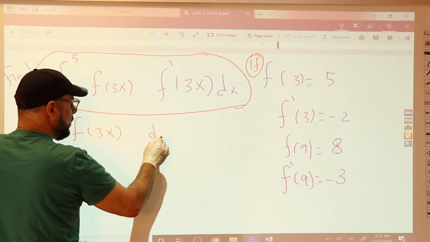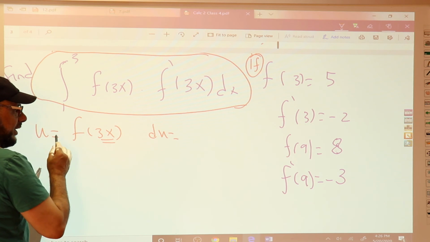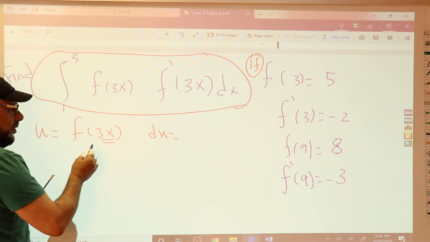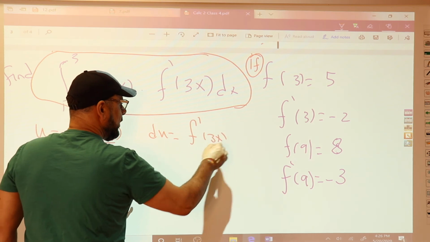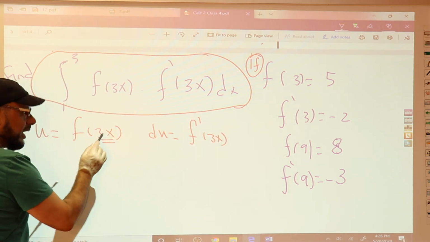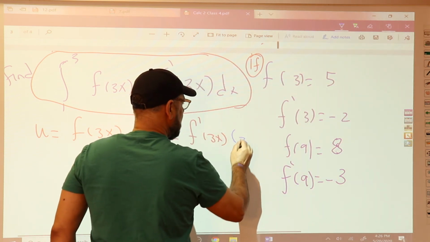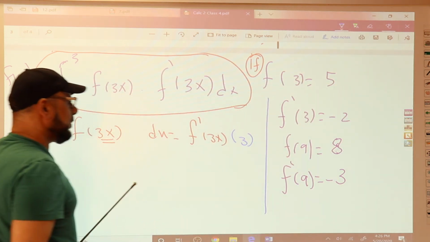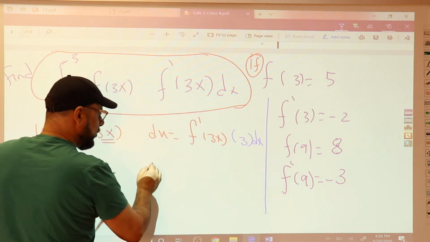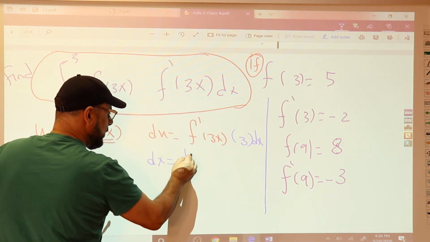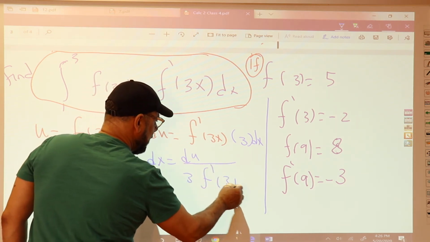Now du equals, if you remember from the chain rule and other rules of integration, f prime of 3x times the derivative of the inside, which is what? 3. Good. dx. Now dx equals du over 3 f prime of 3x.